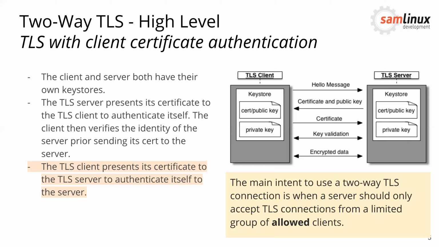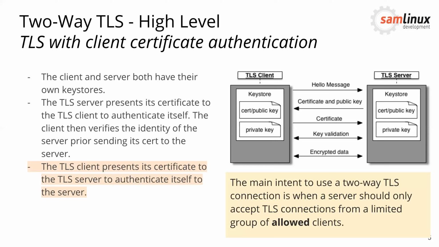So in this scenario with the two-way TLS or mutual TLS, the server knows something about the client, and the client knows something about the server. And when both say, okay, we trust the issuer from the certificate authority, then we have a valid communication, and we have a secure communication.